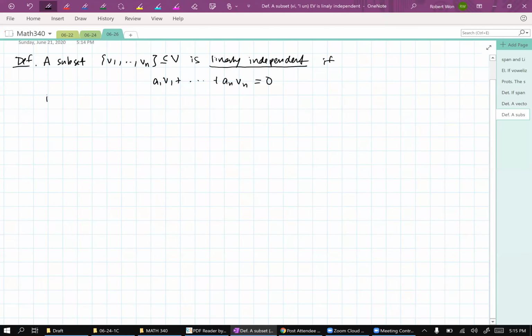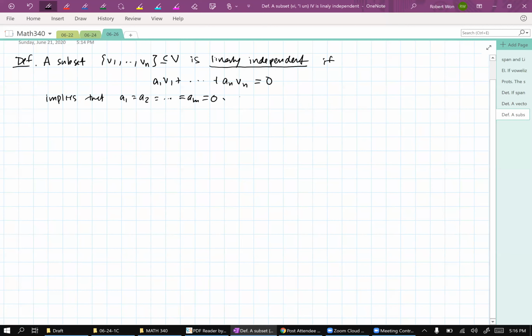So this implies that A1 equals A2 equals Am equals 0. To be linearly independent means that the only linear combination which equals 0 is the trivial linear combination. There's no way to write 0 non-trivially as a linear combination.